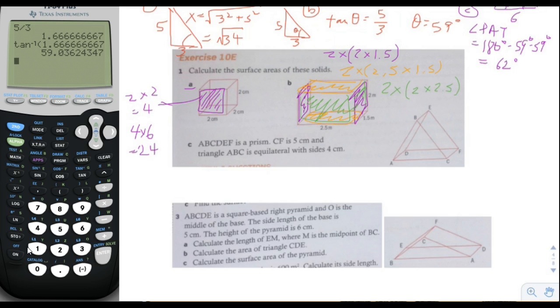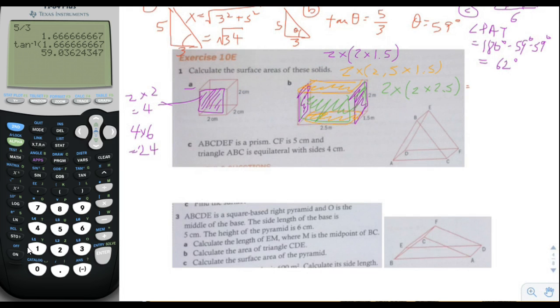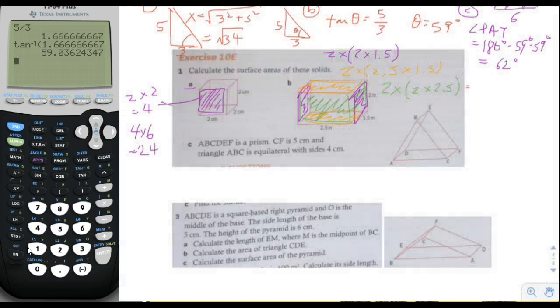Okay, and so then we'll add those up. So 2 times 2 times 1.5 is 6. So the purple part is 6.